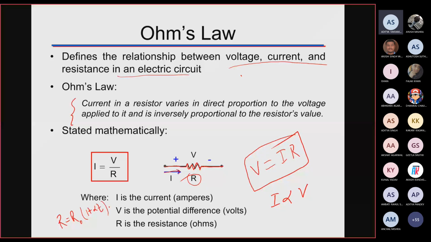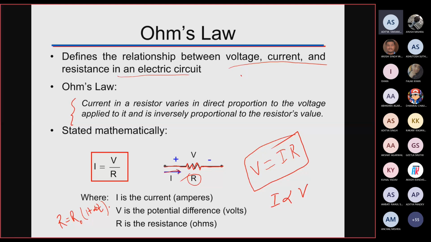You should know this relation. So at constant temperature, the current through any resistor is directly proportional to the voltage applied across that resistor. ठीक है, this is known as your Ohm's law. Condition क्या हुआ? The temperature should be constant, otherwise the resistor value will change, right?